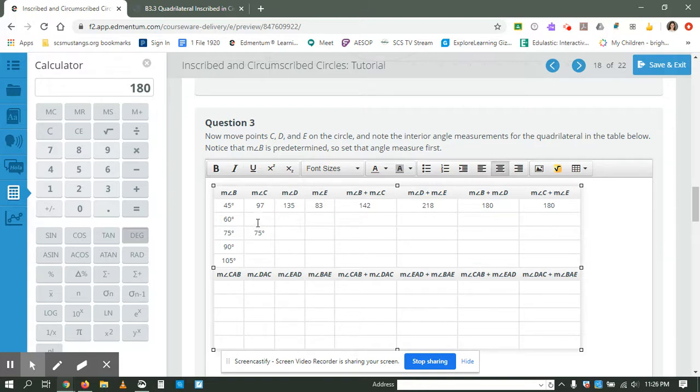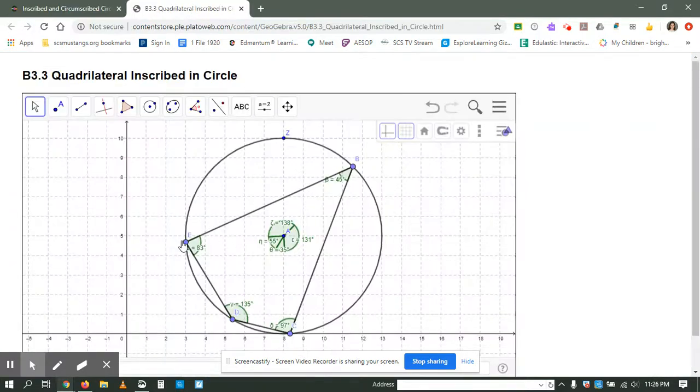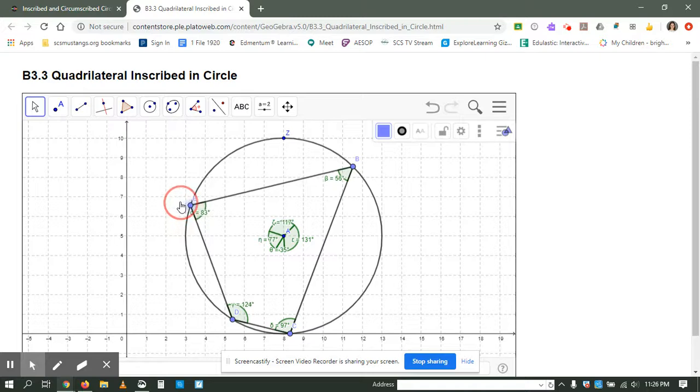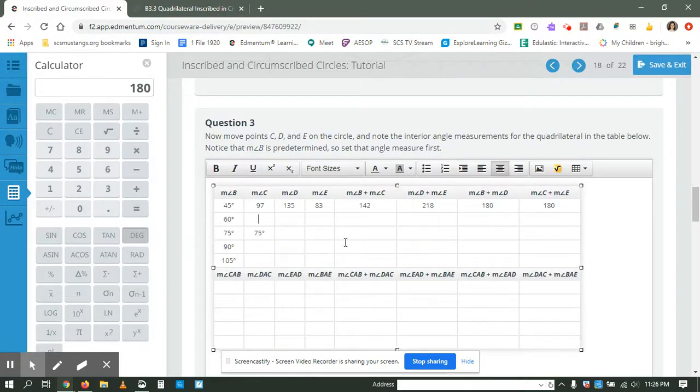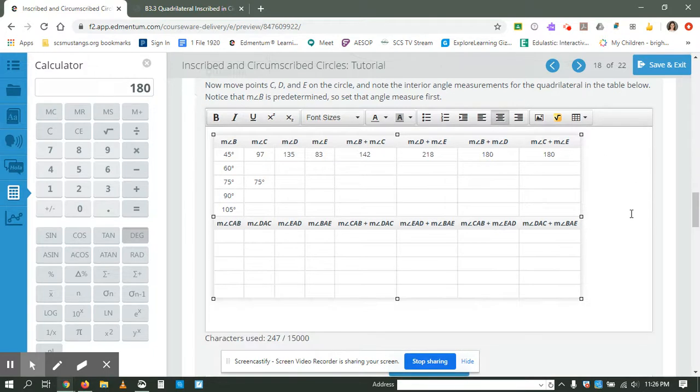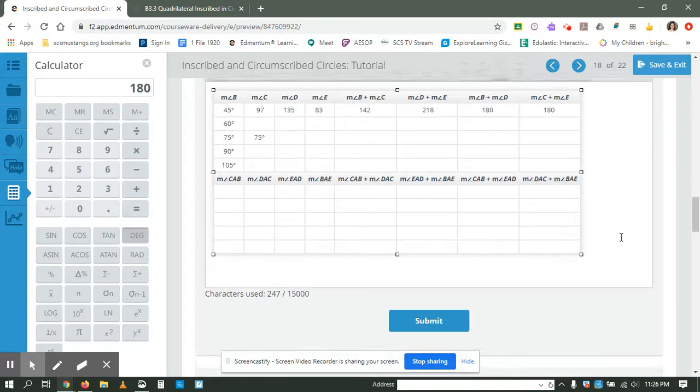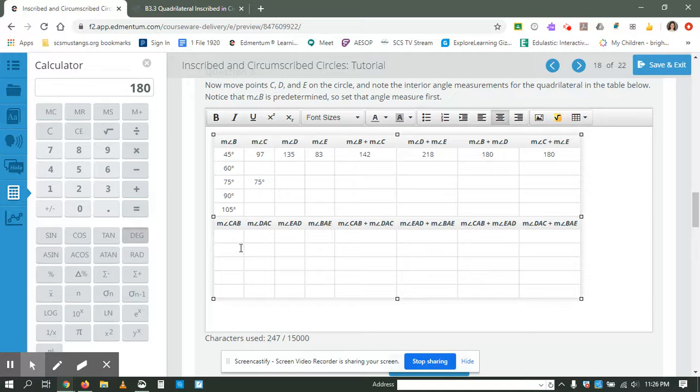So I'm going to let you go ahead and go through and play with the rest of them. Don't forget to reset angle B. To get you started on that one, I would just scooch these guys, you could move one, you could move both of them until it says 60, and then record those angle measurements right there. And just go through and do all of those. And then going through and looking at the measures of the inside angles, you do the same thing.